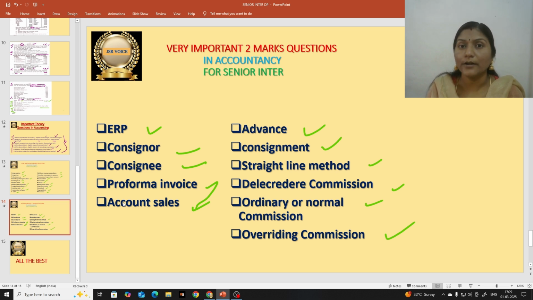And there is one point, students. From this year onwards, our TS government is not allowing wristwatches to the examination centers. Today, that is a news in the newspaper. Students, note this point and be careful while going to the examination hall.